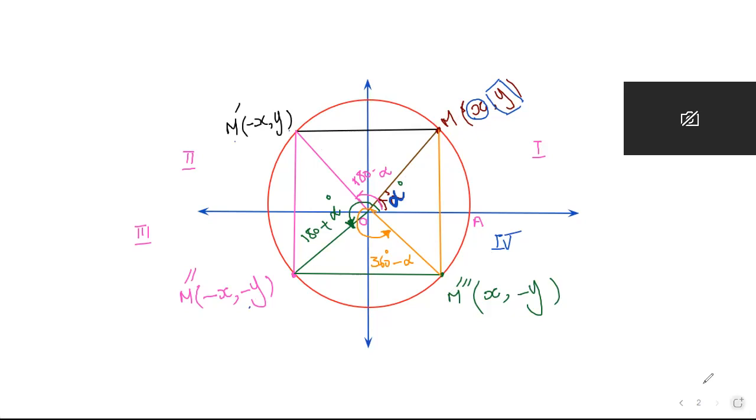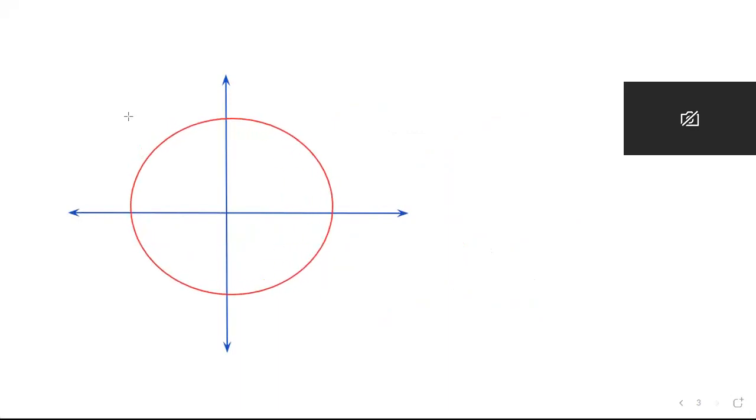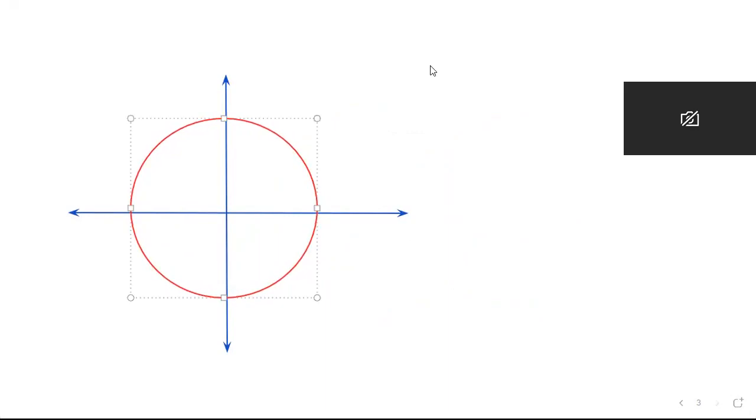Now, but why do we have to learn this stuff? What's the point? For example, look at this. I say I have an angle now.